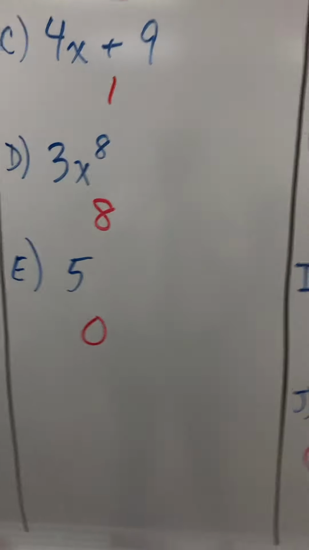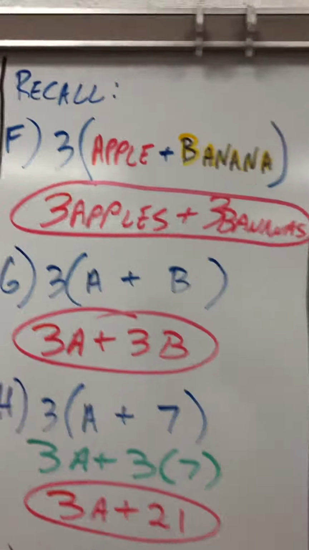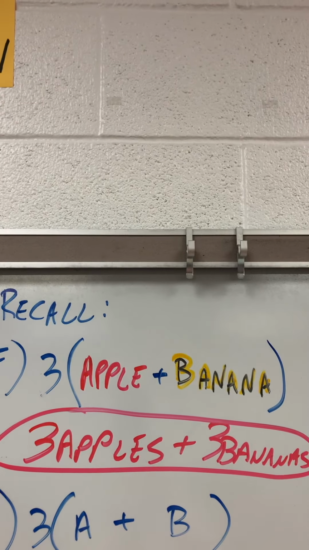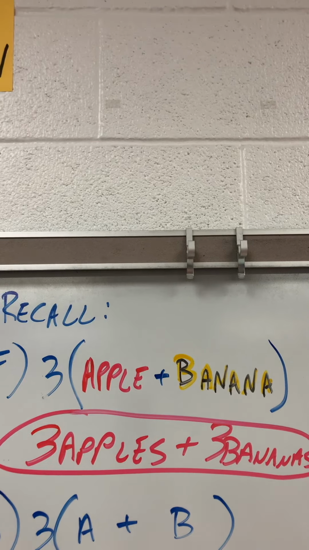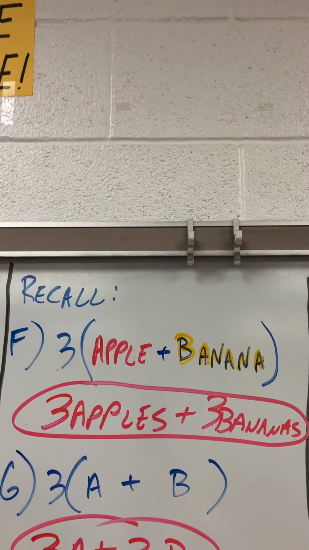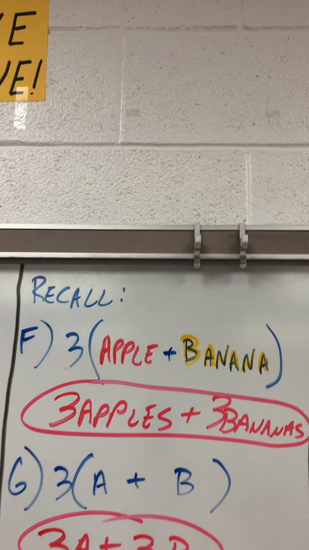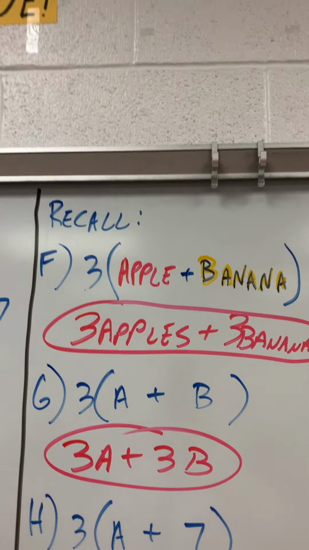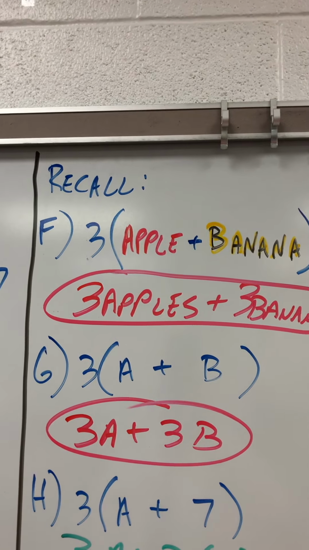All right. If I have an apple and a banana and I buy 3 packages of apple and banana, would you agree I have 3 apples and 3 bananas? So if I have an A and a B and I buy 3 of them, I have 3A plus 3B.